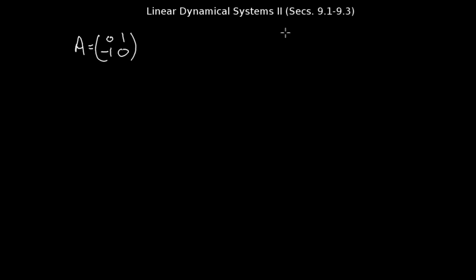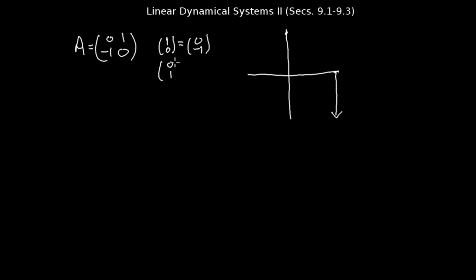So what do these vector fields look like? Let's just plot a couple of sample points. So for example, at the point 1, 0, if you apply A to 1, 0, you get 0, minus 1. So here you have the vector pointing down like that. And at 0, 1, when you apply A to this, you get 1, 0.